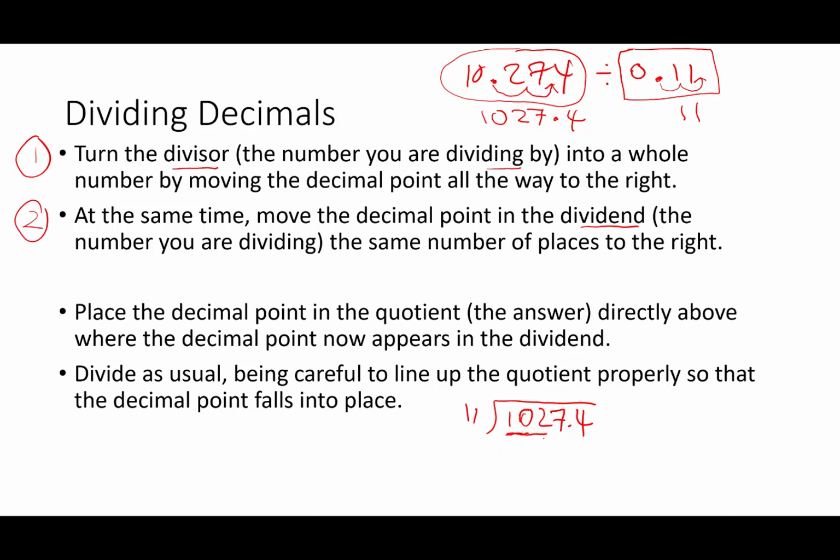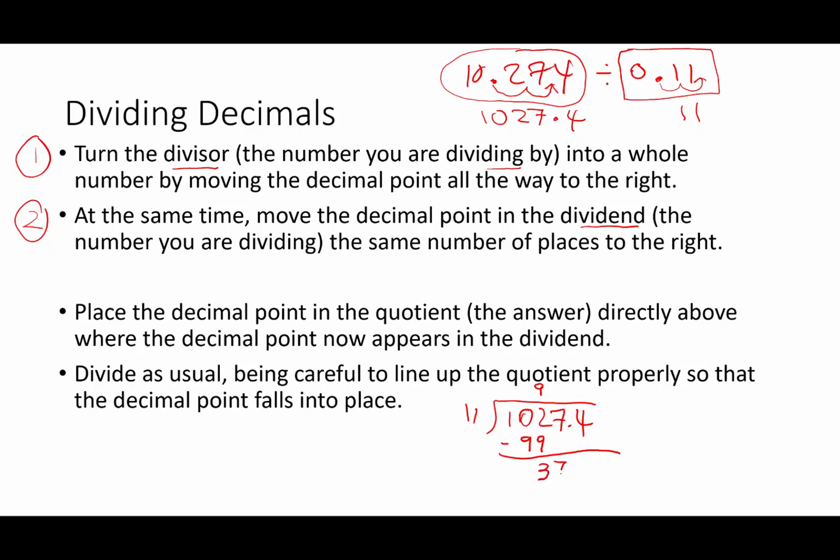So 102, can that be divided by 11? Indeed it can. 9, okay, which gives you 99. And if we subtract 99 from 102, we get 3, okay.